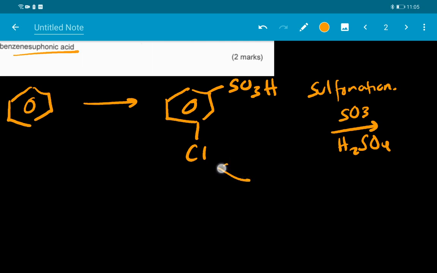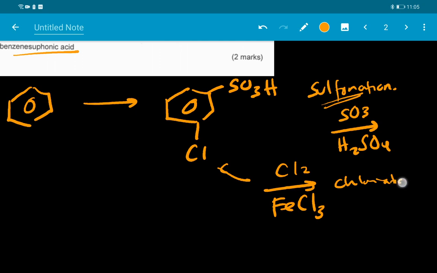And we know that in order to insert the chlorine, we need to put Cl2 together with FeCl3. Okay, we already know the ingredients. However, it's like cooking, we need to put everything in sequence. Do we want to add sulfonation first, or do chlorination first?